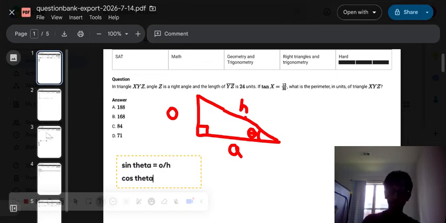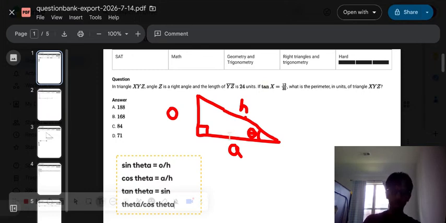Cosine of theta would be equal to adjacent over hypotenuse. And then lastly, your tangent or tan of theta is equal to sine of theta over cosine of theta.